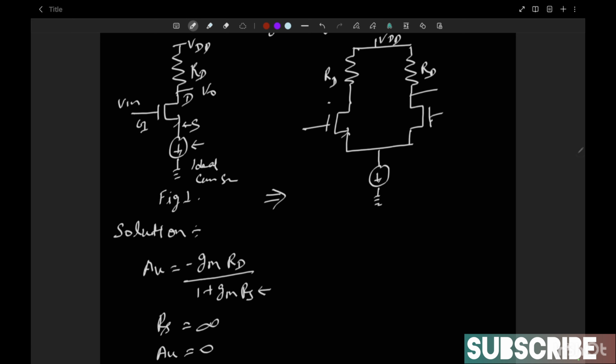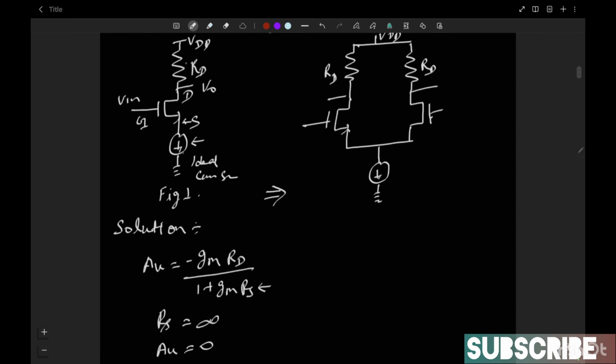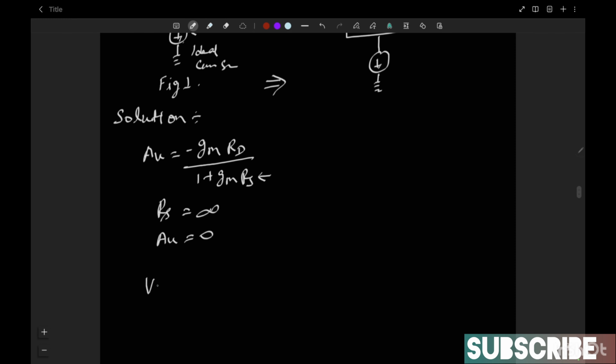Now, another way to understand it: whenever we have an ideal current source here, this VDD is a DC source, then the ideal current source is DC, and RD is constant, ID is also constant, so this VDD minus ID RD will also be constant.